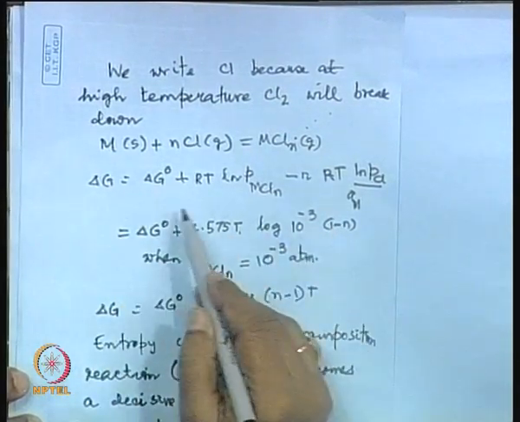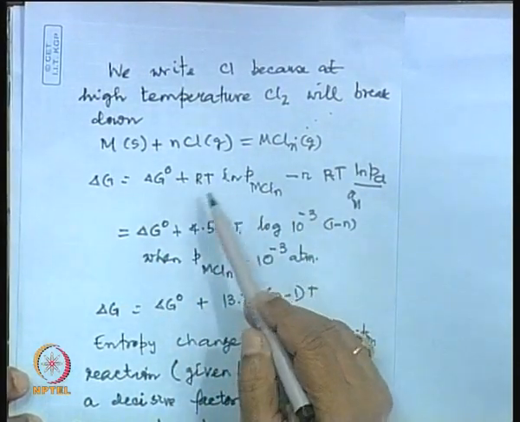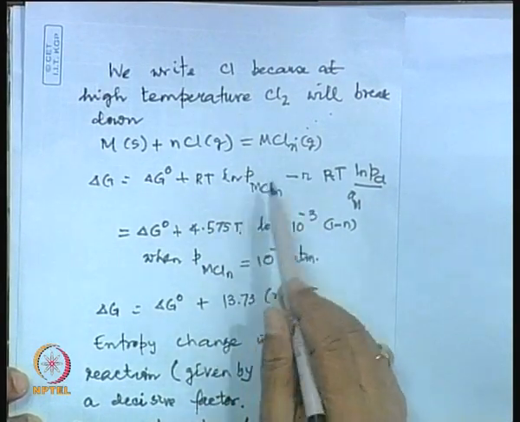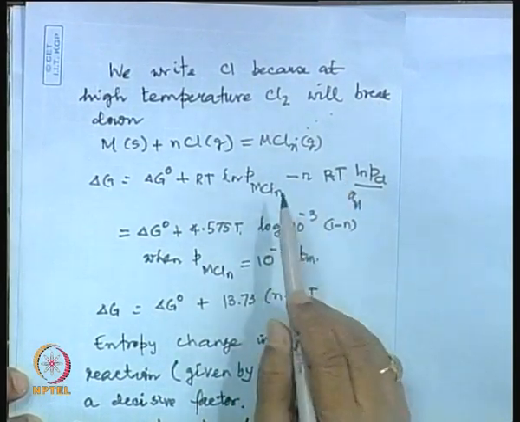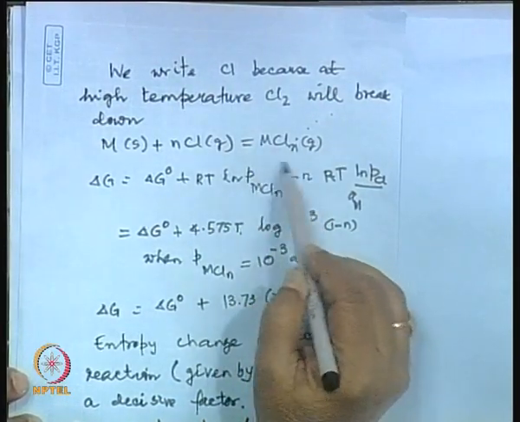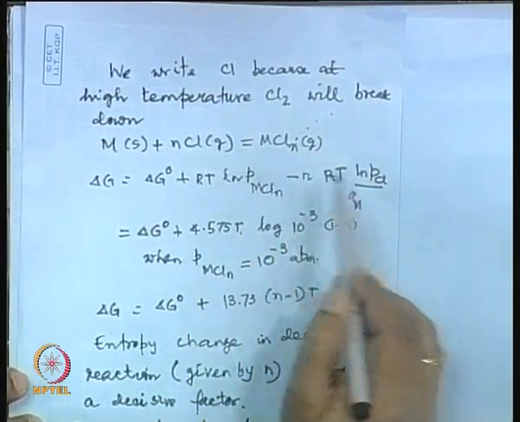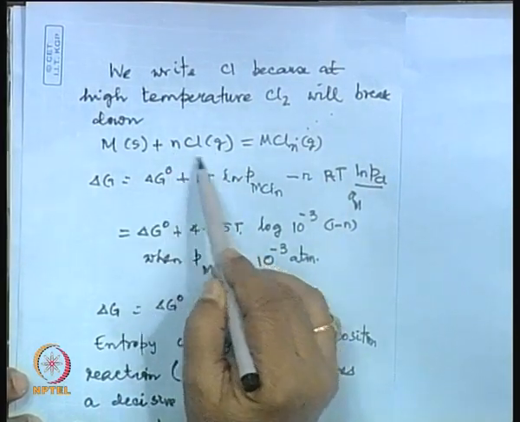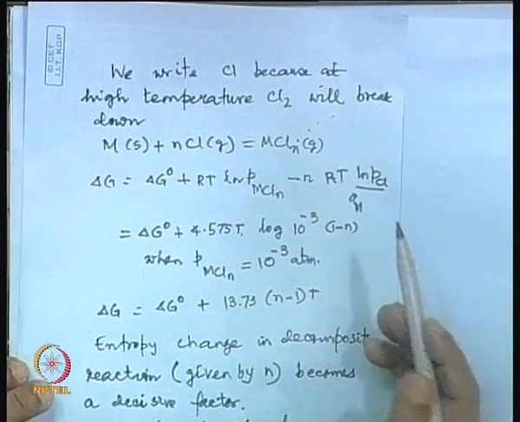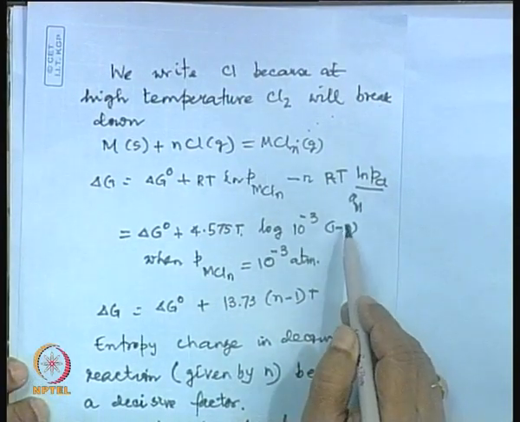For this, we have an expression like delta G naught plus RT ln K, and that RT ln K will have three terms: the pressure of this intermediate gas, ln P of MClN divided by P of Cl, and of course, the activity of M, which is 1, so we can forget about that.